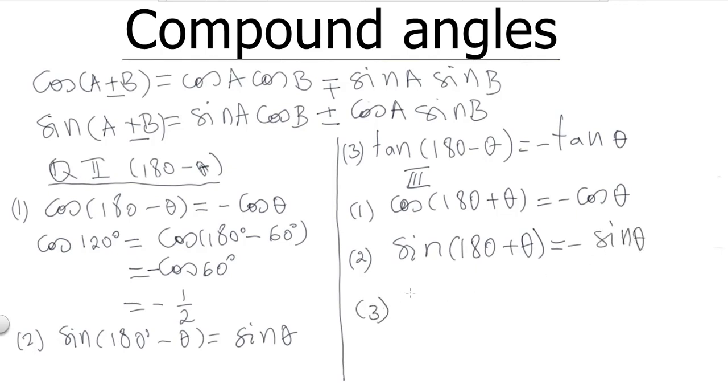Therefore, tan of 180 plus theta, remember tangent will be sine over cos. So minus sin divided by minus cos. So here will be positive tan theta, because in the third quadrant, tan is positive.